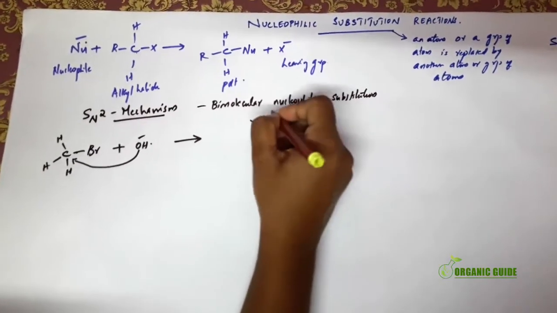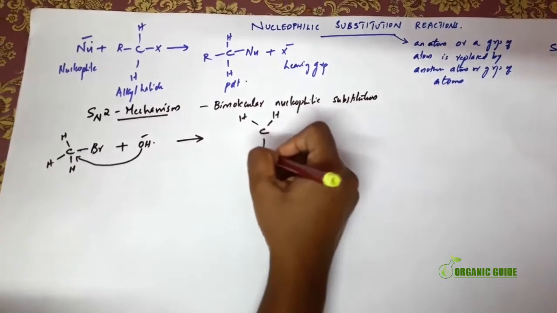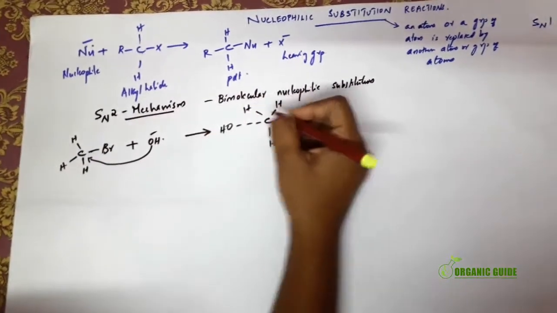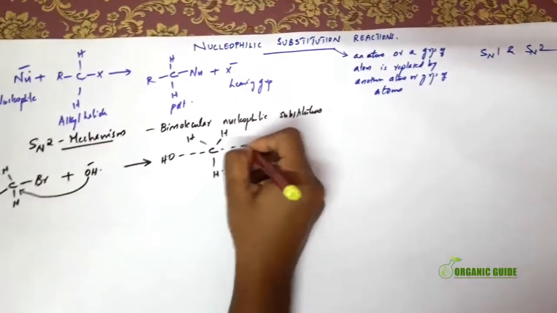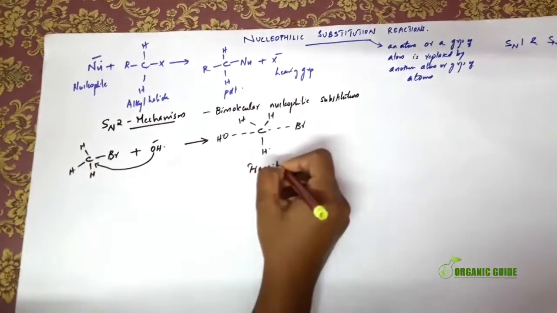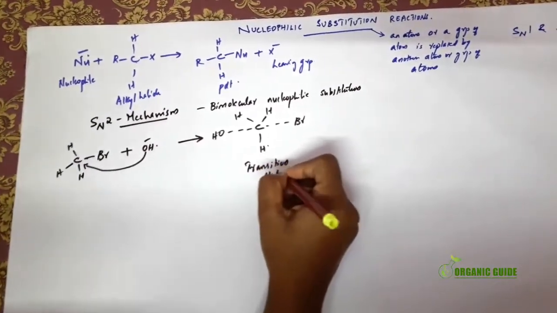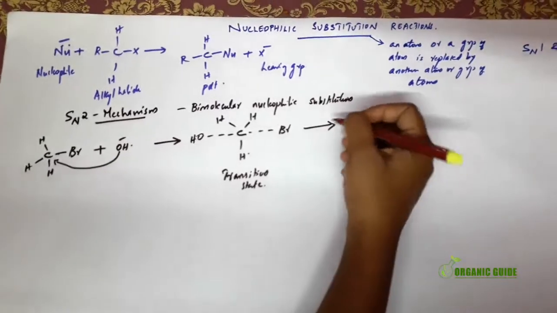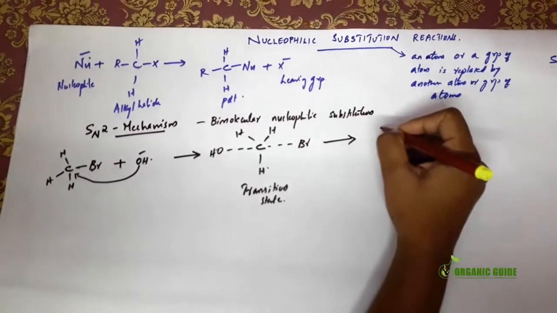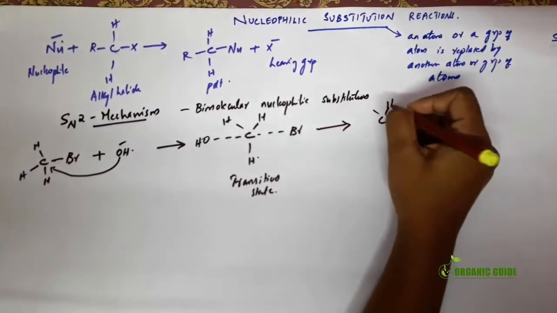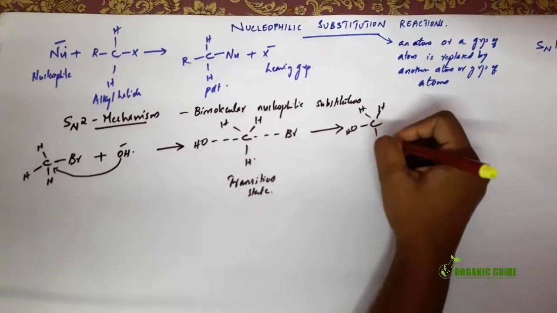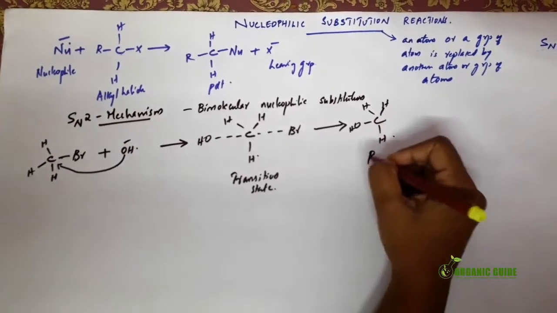That is the transition state. And then this bromine will be eliminated. This is the product.